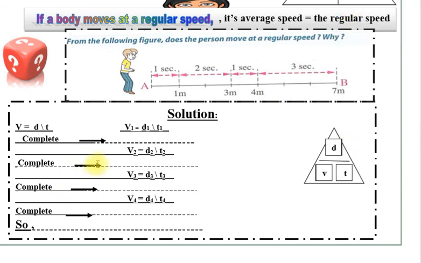So we can conclude that V1 equals V2 equals V3 equals V4. So the speeds are equal. It's the speed of this boy, covering distance over time, equal to 1. So it's regular speed.